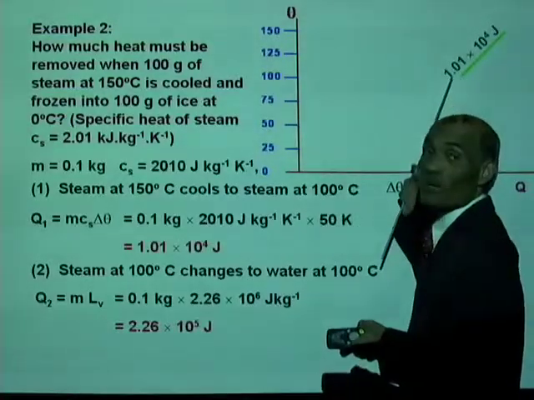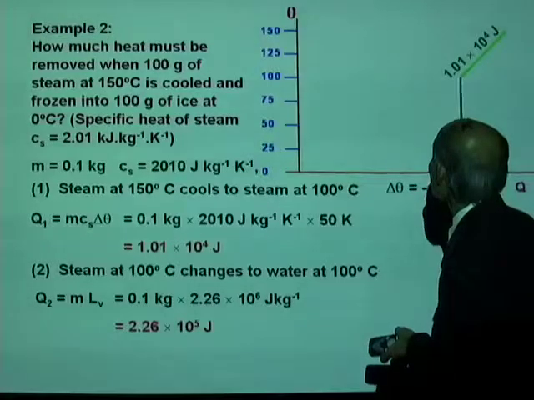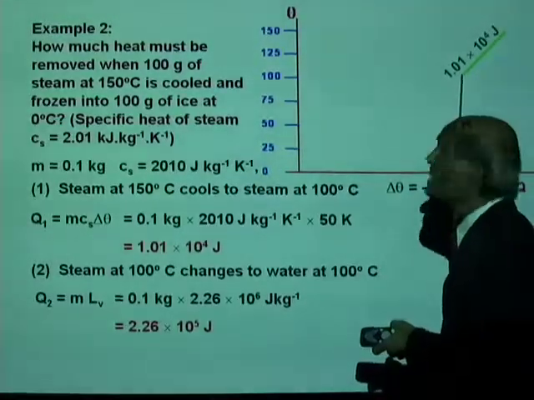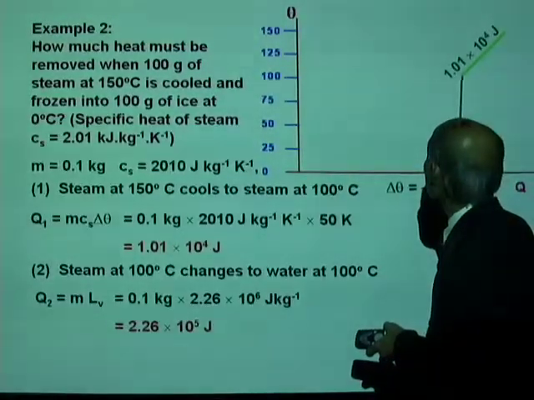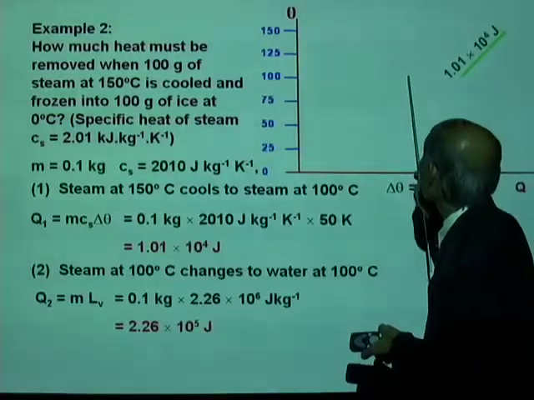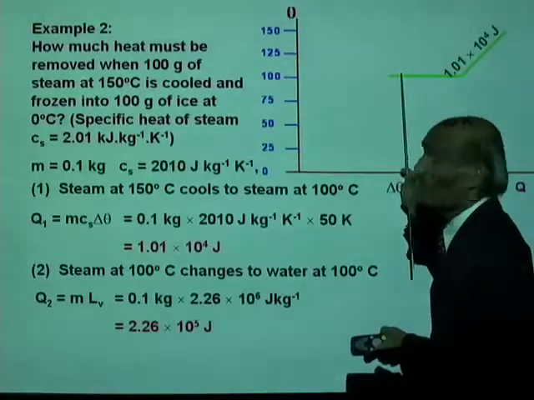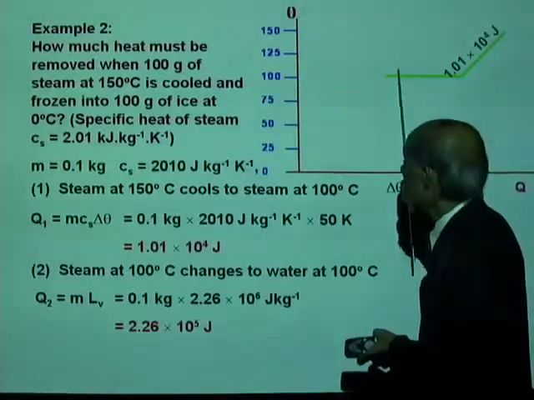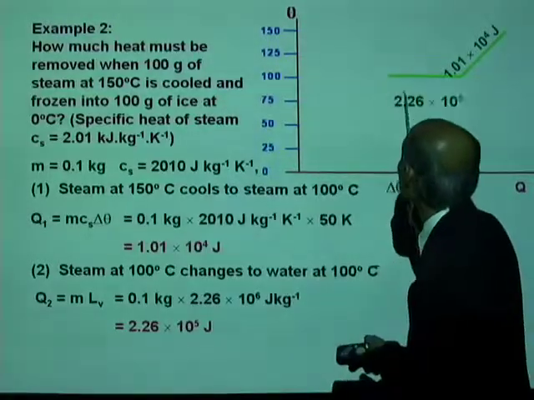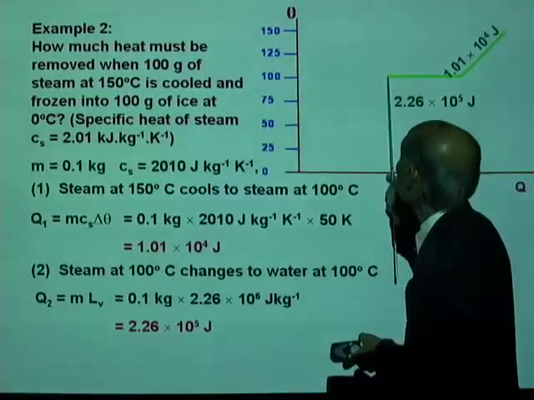How is that going to be represented here? Here, all the substance is steam. Steam at 100 degrees Celsius is going to change to water at the same temperature. See that? There is no change in temperature. And the amount of heat lost is 2.26 times 10 to the 5 joules during that time.